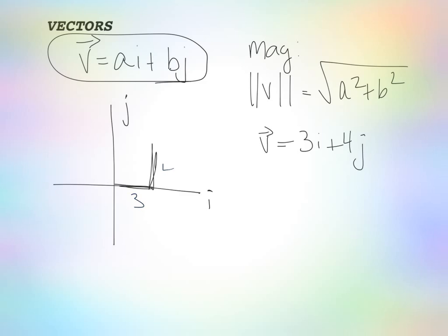Excuse my drawing. It's a triangle, so you can see that the entire vector would be 5, and the magnitude |v| would equal the square root of 9 plus 16, which is 5.